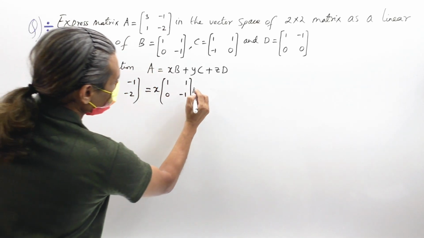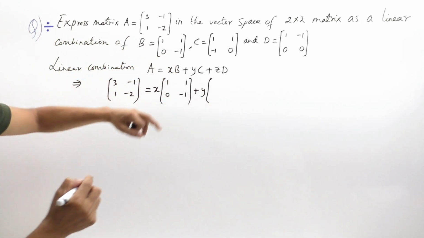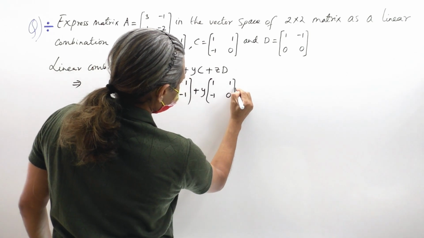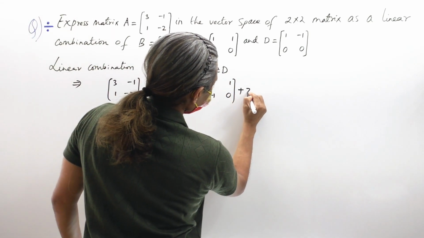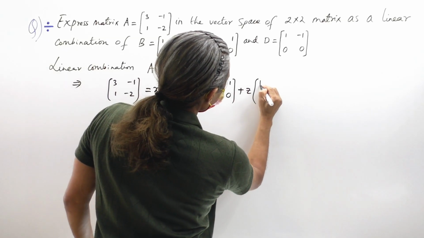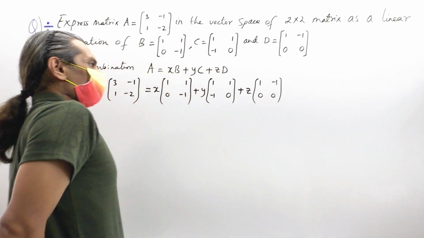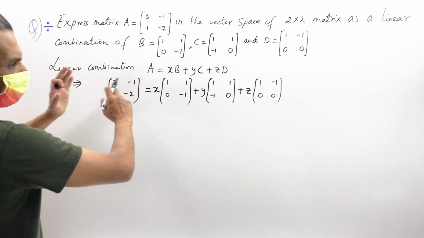Next, plus y into, what's C? It's [[1, 1], [-1, 0]]. And lastly, plus z into, we have D as [[1, -1], [0, 0]]. Fine. Simple problem. The solution also will be simple here. So we have written a linear combination.